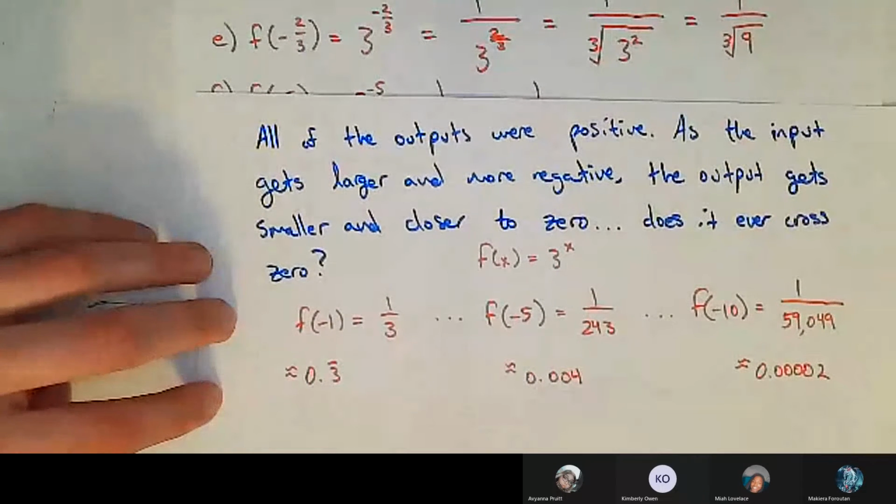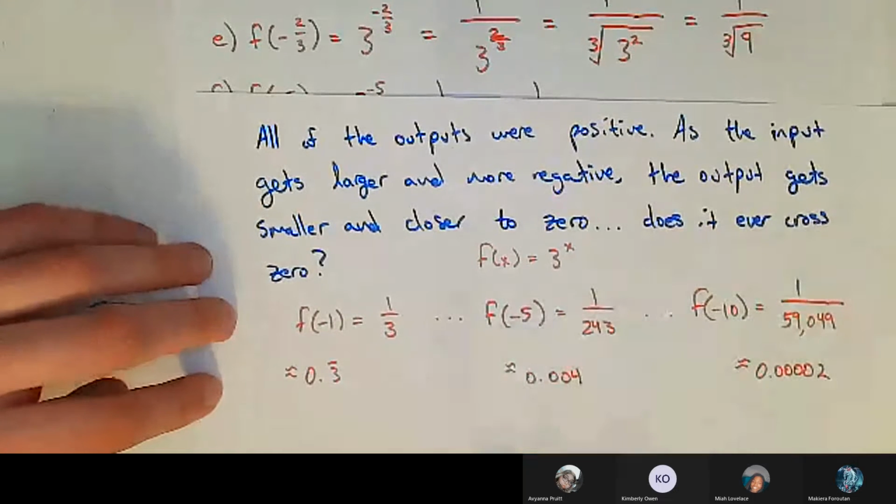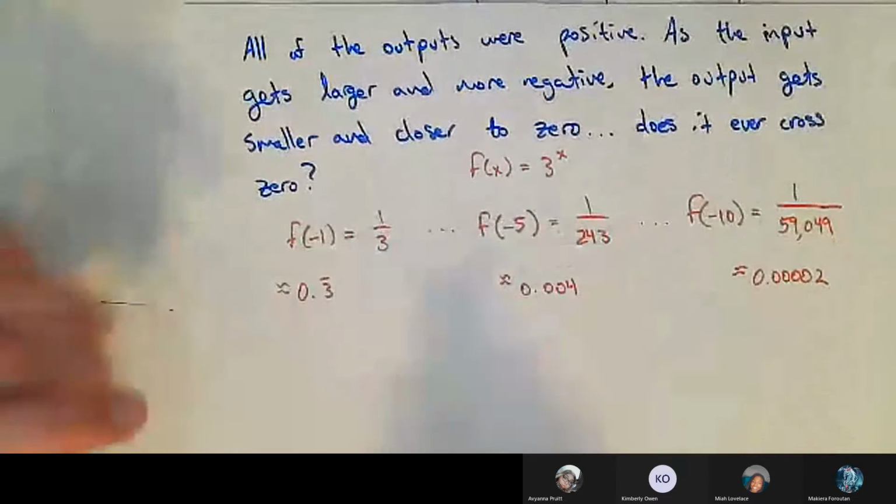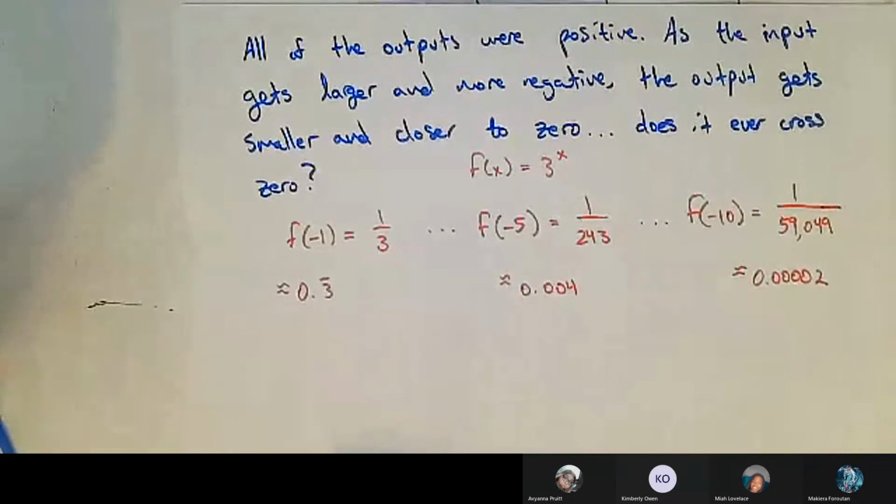I'm just rounding to the first non-zero digit. So the first one is 0.33333, and that's f of negative 1. Then when I get to f of negative 5, I'm getting closer to 0, and at f of negative 10, even closer to 0. And you can imagine if I keep increasing this negative value, it's going to squeeze closer and closer to 0, but it will never actually touch 0.